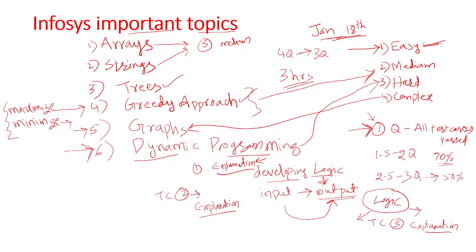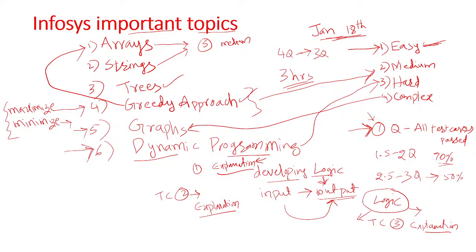If you observe previous Infosys questions, most of them are from arrays. Even the greedy approach problem may be from arrays. Please remember, we have solved such kinds of problems in our previous lectures.